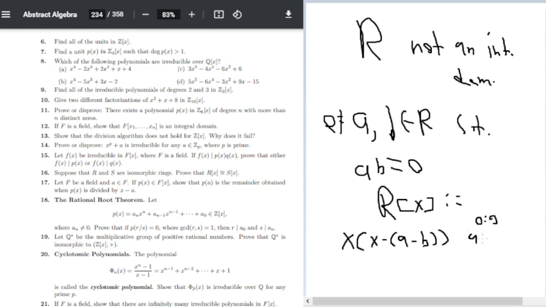At a minus b, it'll evaluate to 0. Actually, I think we need a separate condition. We need also that a squared is not equal to 0, and b squared is not equal to 0.